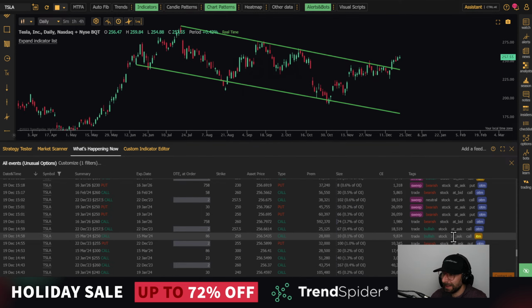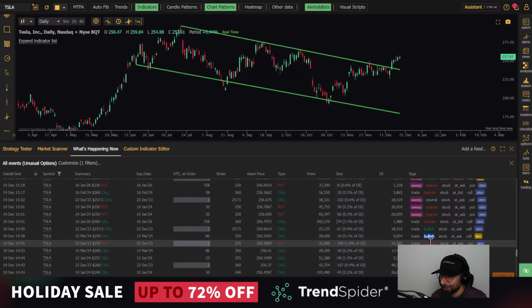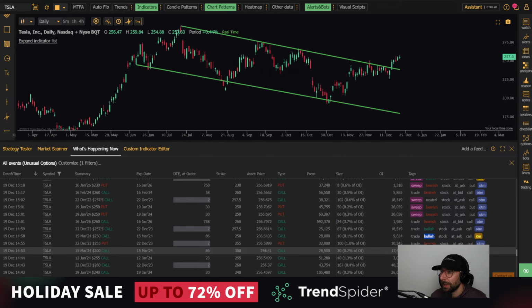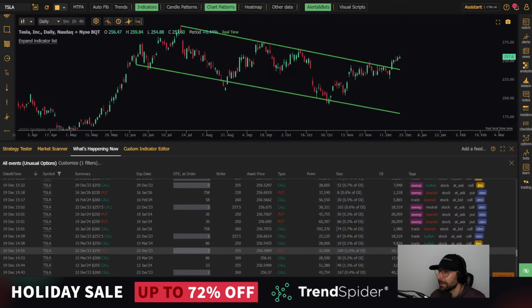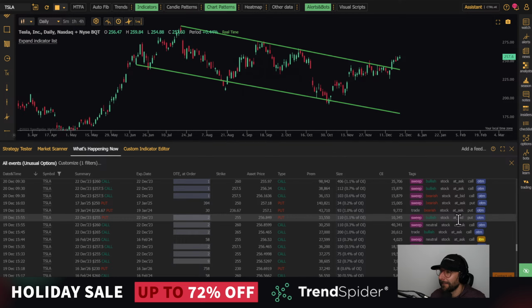This is calls at the ask, it's labeled bullish. If it's a put at the ask, it's labeled bearish. If it's a call at the bid, it's labeled bearish. And if it's a put at the bid, it's labeled bullish. I believe that's how that is. Let me see here. Yeah. So that's the differentiator on why it's labeled that way.